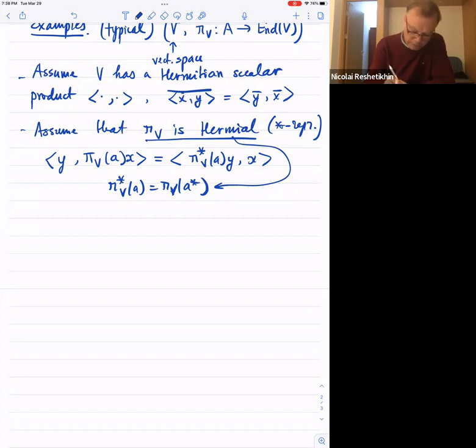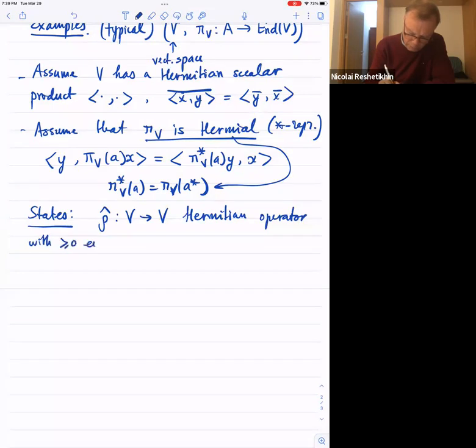So in this case, states are the following. Suppose we have a Hermitian operator rho with non-zero eigenvalues, normalized in the sense that trace rho is 1.